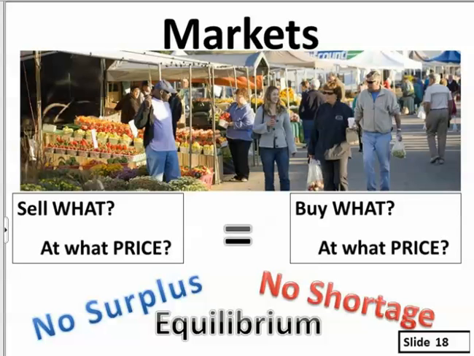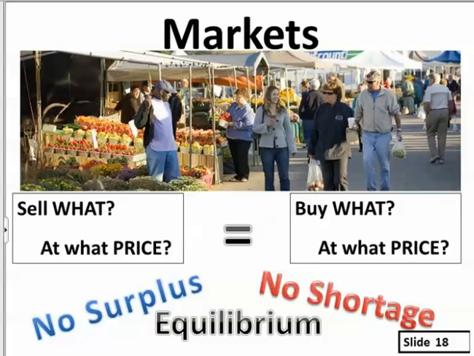Now, they're going to settle on what we call an equilibrium price, where all the product that the seller wants to sell at that price, there will be a willing buyer who wants to buy it at that price. And all the consumers who want to buy that product at that price will find a willing seller who wants to sell to them at that price.